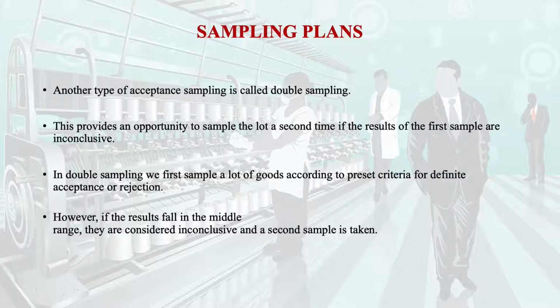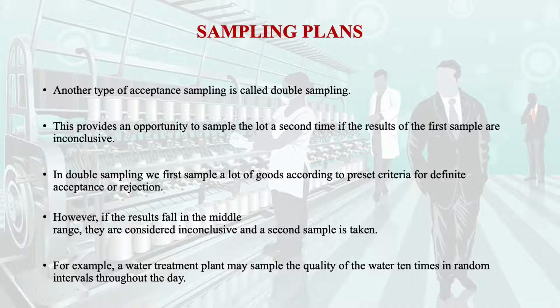However, if the results fall in the middle range, they are considered to be inconclusive and a second sample is drawn. Suppose instead of 4, we decide that if it is between 3 and 4, what decision will we make?